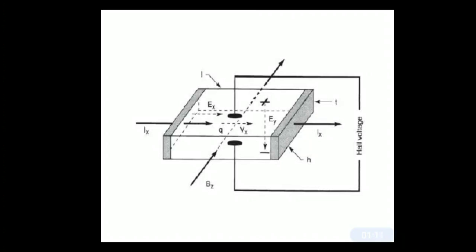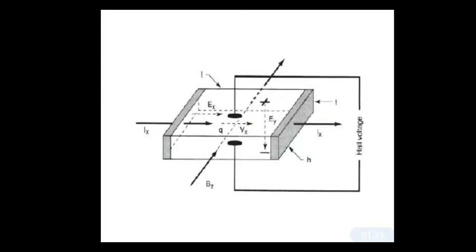Now consider the diagram where the semiconductor material is acted upon by an external electric field as well as a magnetic field. The magnetic field is applied in the Z direction, so the magnetic field intensity is Bz, and there is an electric potential difference applied in the X direction, which constitutes a current Ix in the X direction.